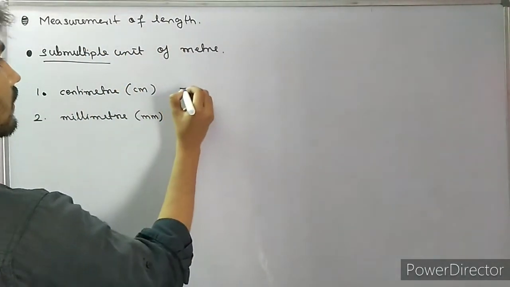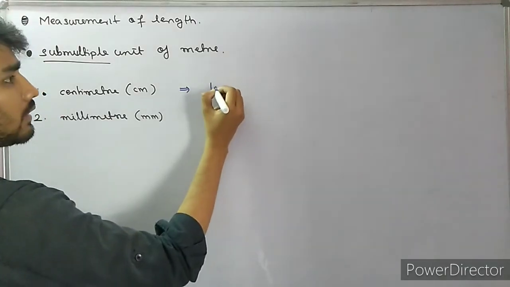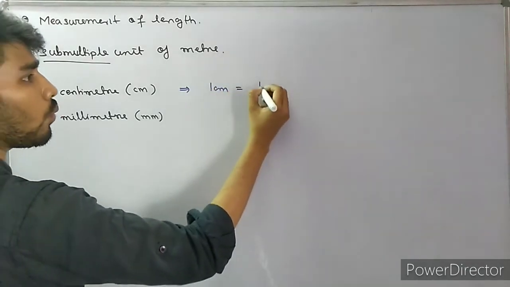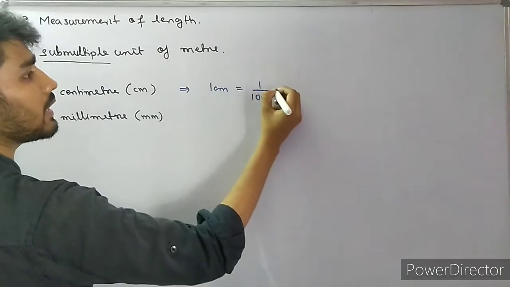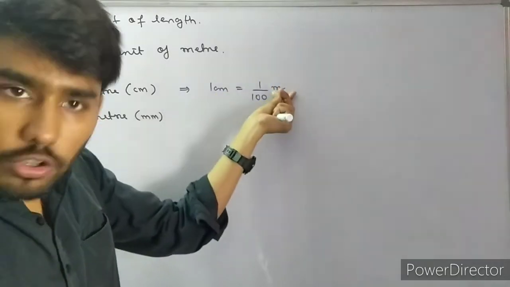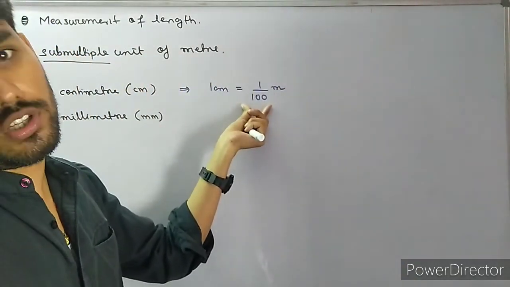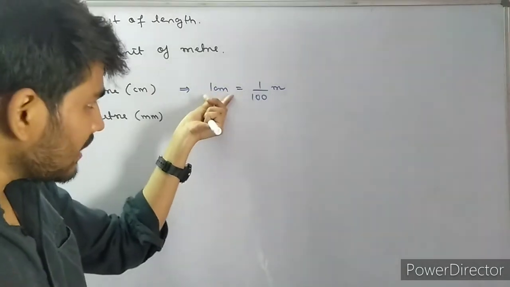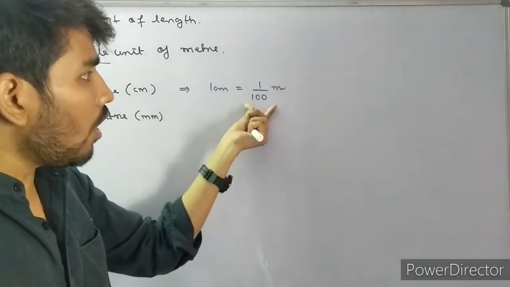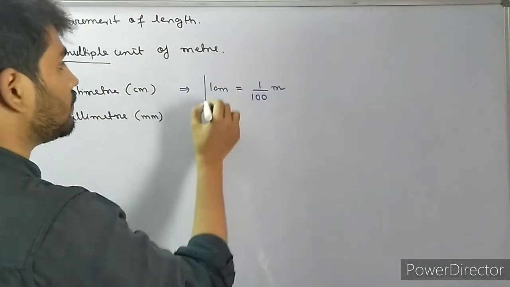and 1 centimeter is equal to 1 by 100 meter. Centimeter is a smaller unit of meter. How much smaller? 100 times smaller. 1 centimeter is equal to 1 by 100 of a meter.